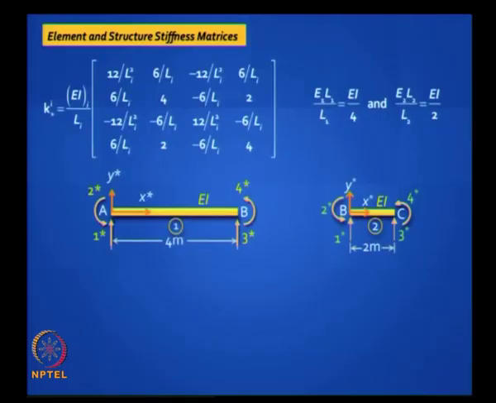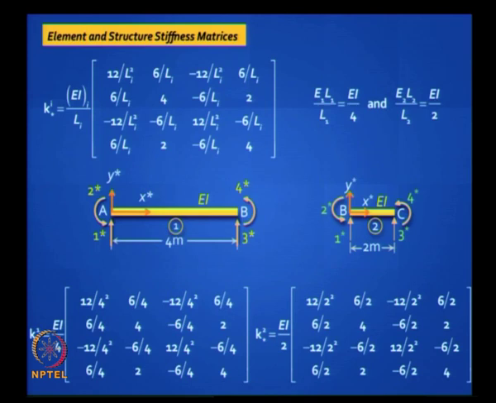Element stiffness matrix is standard, you have 2 elements, all you need is EI and L. In the first case, actually EI is constant for both the elements, L is 4 meters for the first element, 2 meters for the second element. So plug in those values, you can get K1 star and K2 star, clear? Very simple, straightforward, and we have done this problem earlier by moment distribution method.